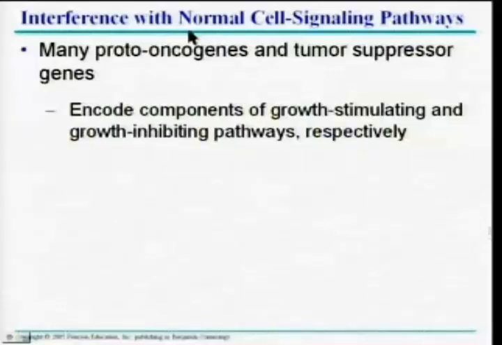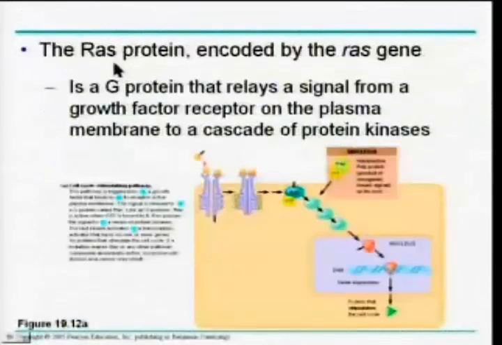Interference with normal cell signaling pathways is the next topic to consider. Many proto-oncogenes and tumor suppressor genes encode components of growth stimulating and growth inhibiting pathways, respectively. So the RAS protein encoded by the RAS gene is a G protein that relays a signal from a growth factor receptor on the plasma membrane to a cascade of protein kinases.